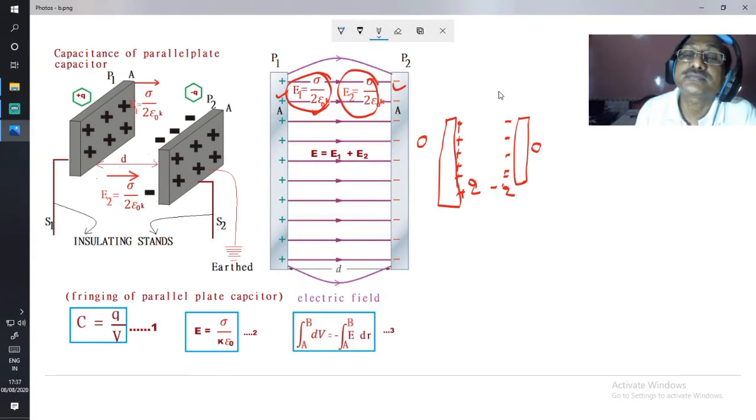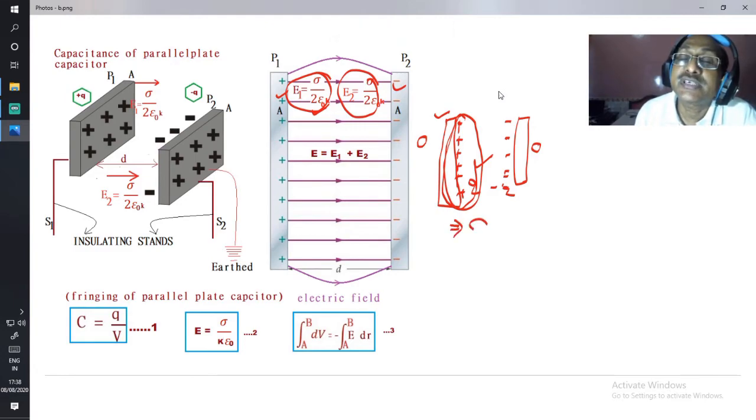Therefore, this plate P1, on which charge exists on only one surface, is behaving just like a plane sheet of charge, and this will produce the electric field sigma over 2 epsilon naught.